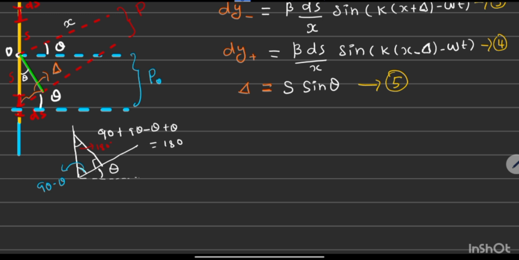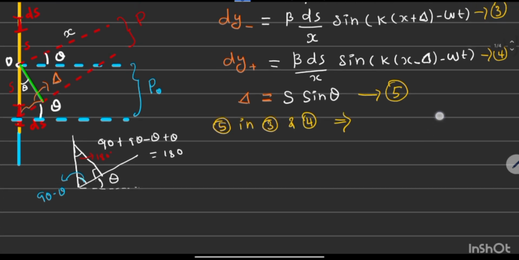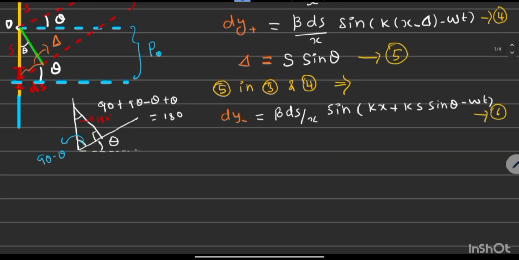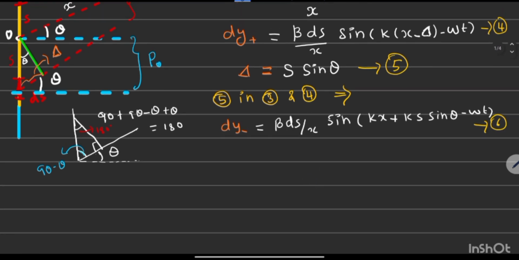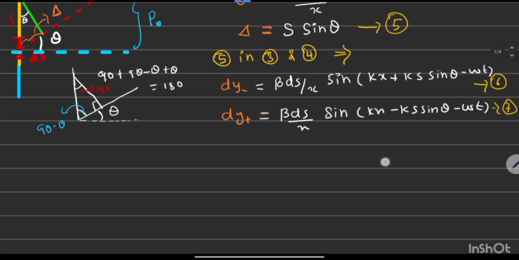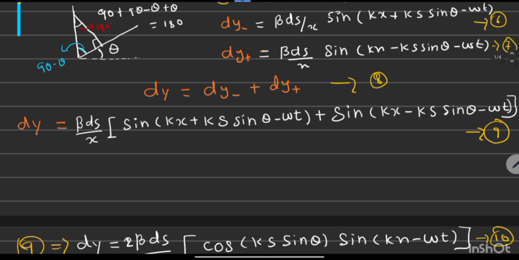Again, substituting this delta into equations 3 and 4, we can write the displacement due to the plane wave source placed in the upper and lower half of the slit. It would be modified this way, and then finding the total displacement, we get this relation.